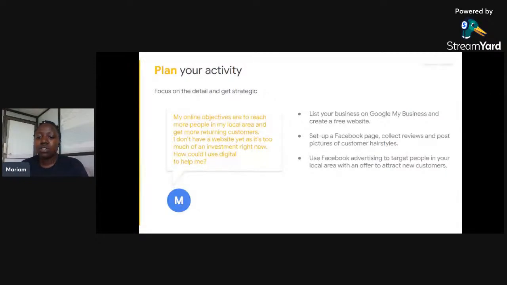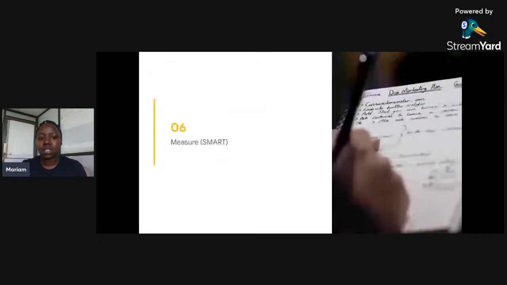And you can as well use Facebook advertising to target your local area, because the advantage is that it allows you to target the area where you want the ad to run. You target the kind of audience you're looking at. So these are the tools that you can make use of, that is, if your budget is limited.